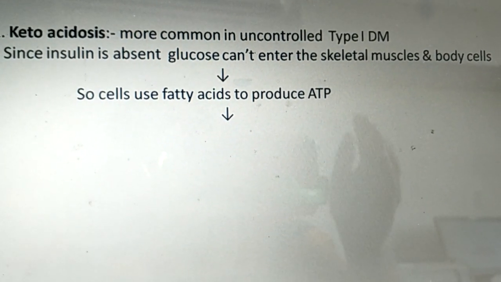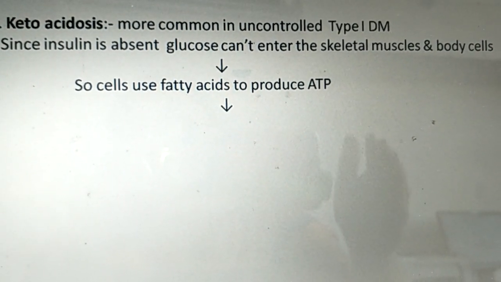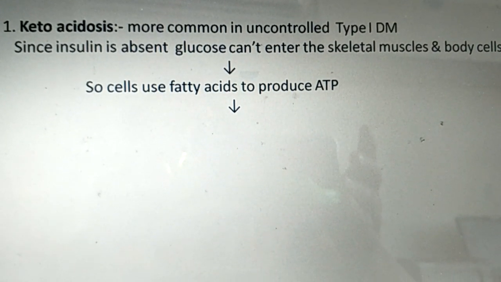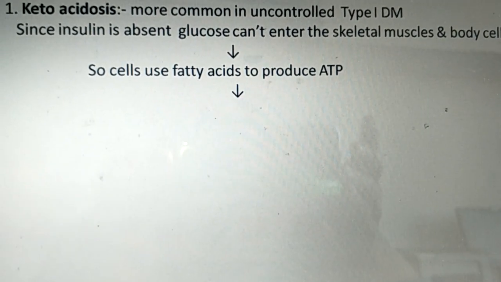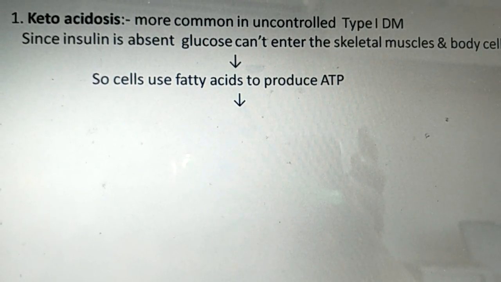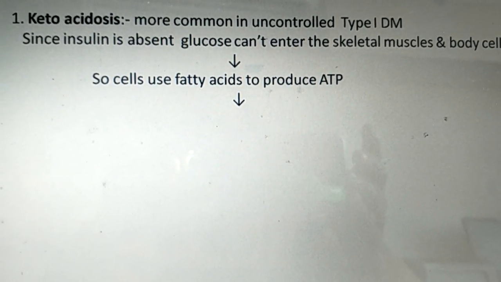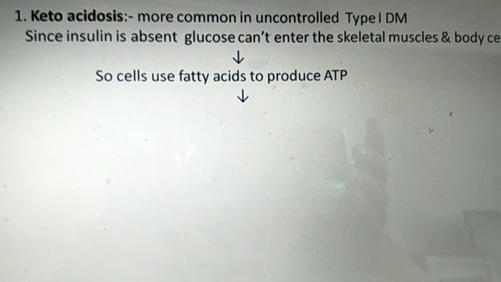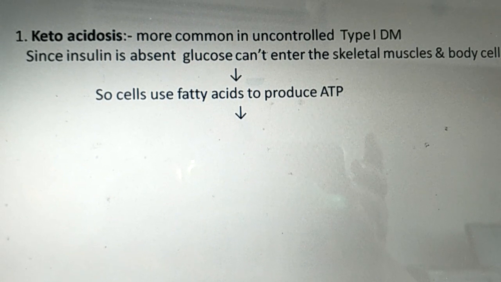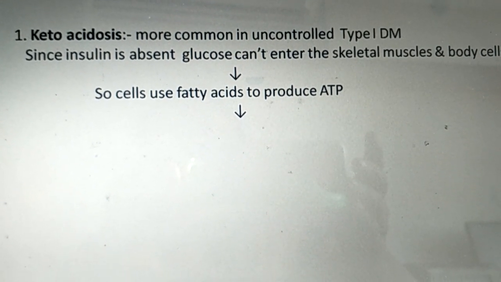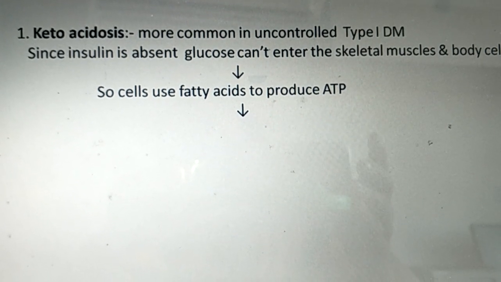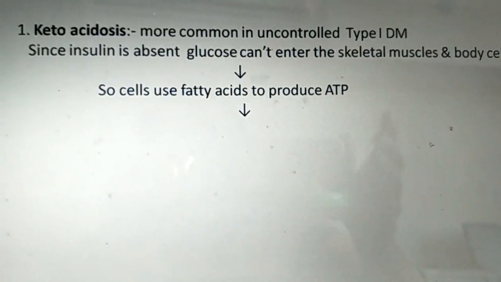Now, as the cells are not getting glucose for energy, they start using fatty acids to produce ATP. Cells need energy. Whenever there is activity, skeletal muscles will need energy. Body cells will need energy for basal metabolism also, to support the basal metabolic rate. Normally that energy comes from carbohydrates or glucose.